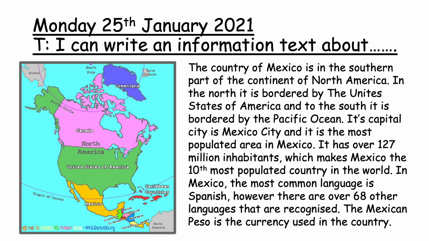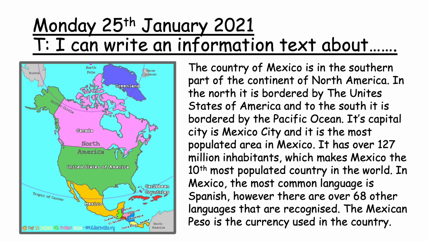I'll read that again for you, okay? The country of Mexico is in the southern part of the continent of North America. In the north, it is bordered by the United States of America, and to the south, it is bordered by the Pacific Ocean. Its capital city is Mexico City, and it is the most populated area in Mexico.